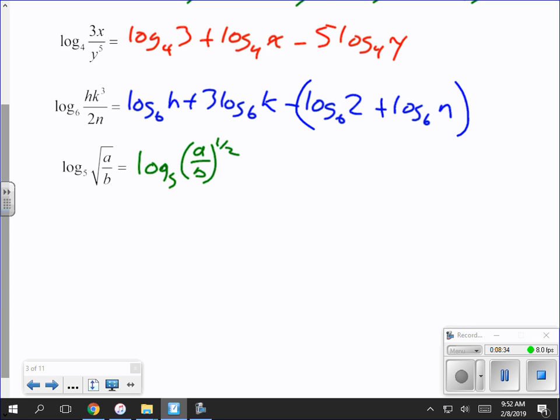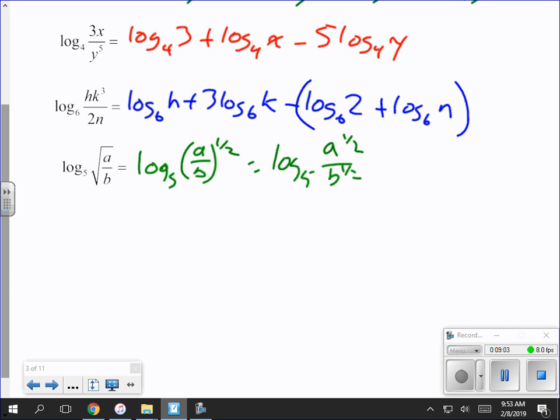Now you do have some options here. The one that I actually prefer is you distribute the 1/2 power because you can distribute power over division. So this is log base 5 of a to the 1/2 over b to the 1/2. Okay, because exponents distribute across division and multiplication, not across addition or subtraction.